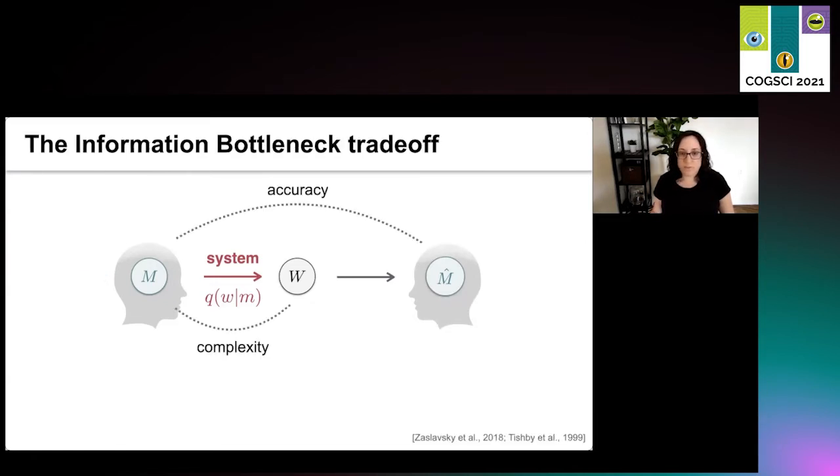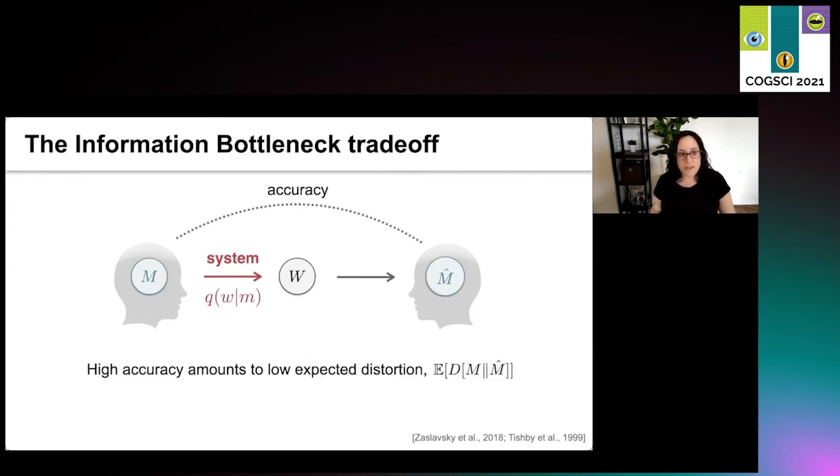According to the information bottleneck principle, the speaker and listener should jointly optimize a trade-off between maximizing accuracy and minimizing complexity, where complexity is measured by the mutual information between M and W, which is roughly the number of bits that are needed for communication, and accuracy is measured by the similarity between the speaker's and listener's mental representations, such that maximizing accuracy amounts to minimizing the KL divergence between M and M hat.